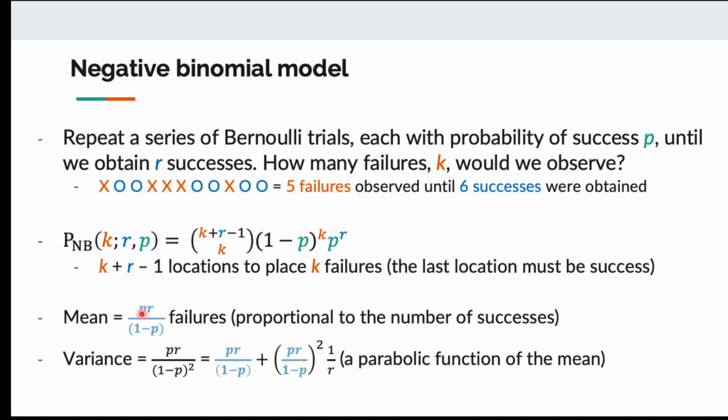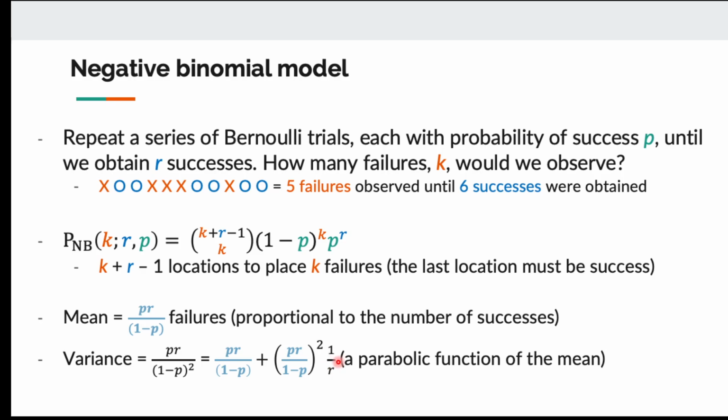And then they can calculate the variance. If you go to Wikipedia, the variance doesn't look like a parabolic function of the mean, until you do some algebra to it. If you write this out as a sum of 2 fractions, it will look like the variance is equal to the mean plus the mean squared times a certain factor.